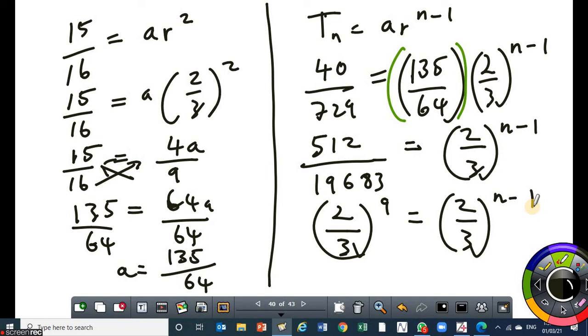It's 3, because 19,683 can be written using a base of 3. I'm still confused. How do you get the 2 over 3? It's a good question. Can I have your attention? When you come in the afternoon, I'll explain that part.